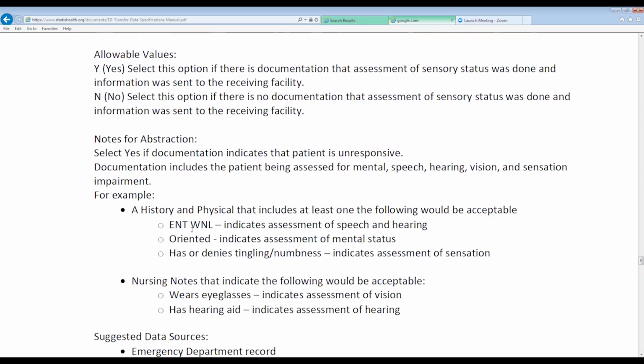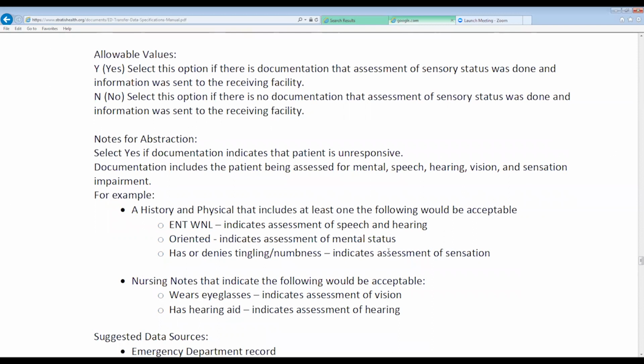So if in the provider note it says patient was alert and oriented, that's okay for this. That would be a yes. Talks about that they were oriented. Okay, even in a nursing note, what they're saying here is that if there's an assessment that they have a hearing aid or they wear eyeglasses, that's an assessment and that would be acceptable.